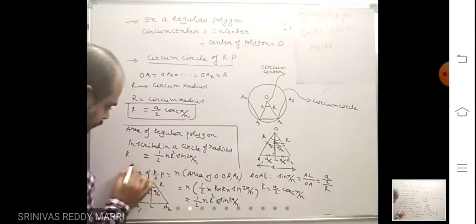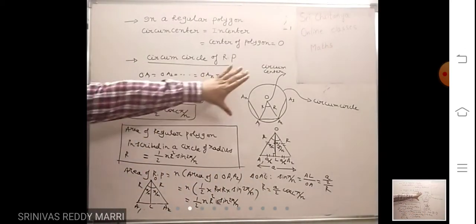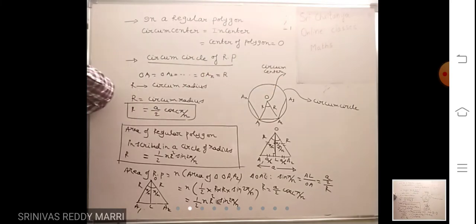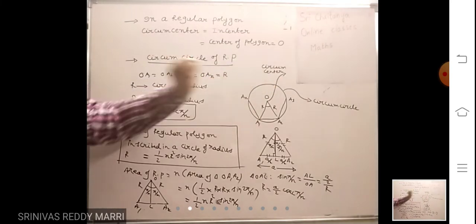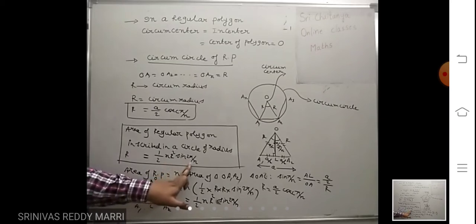Whenever the diagram is like this, if you know the radius of the circle, that is called capital R, use this formula. Whenever a polygon is inscribed in a circle, and you know the radius of the circle, you use this formula to calculate the area of the polygon: 1 by 2 n r square sine 2 pi by n.